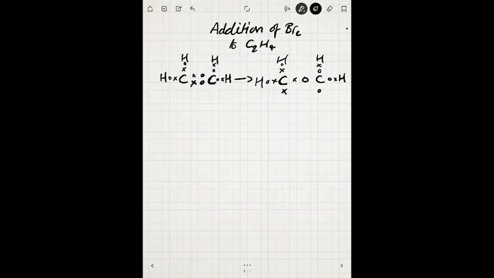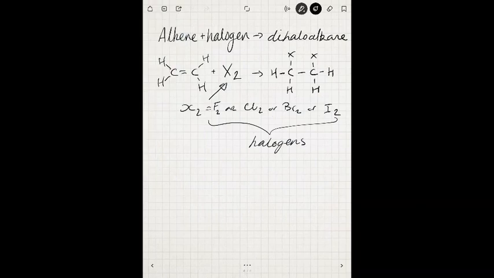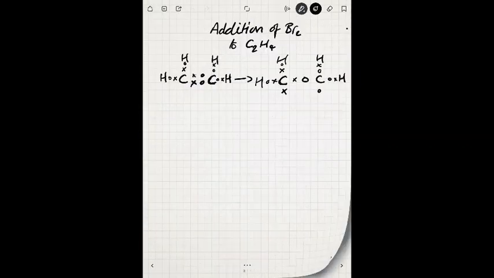This little vignette will look at visualizing the addition of bromine to ethene, or any halogen to any alkene. Now, if you're happy with alkene plus halogen makes a dihaloalkane, brilliant, and you know how to apply that, that's excellent. If you want to try and visualize it, this is what we're going to go through in the next minute and a half.